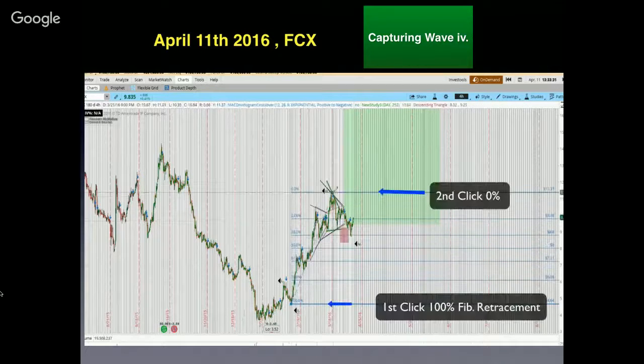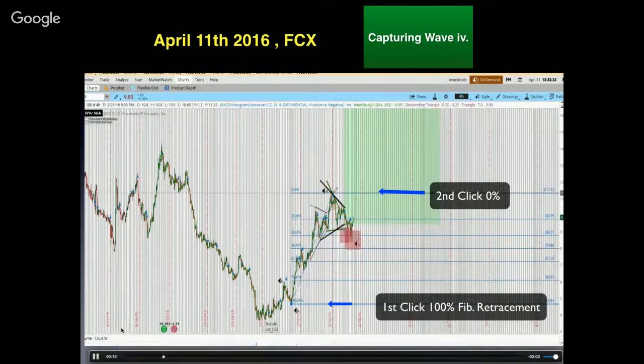I click on the low of wave 2, and the second click will be the highest point of wave 3. In between I get 23.6, 38.2, 50%, 61.8. The ratio that I'm looking at will be 38.2.